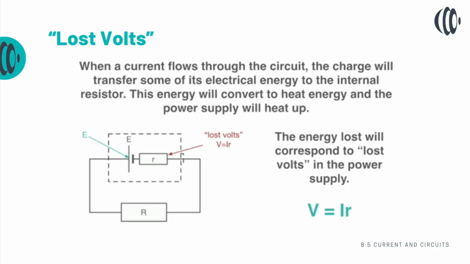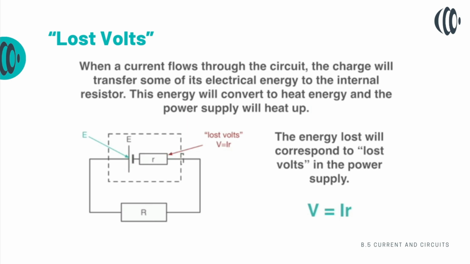So when a current flows through the circuit, the charge will transfer some of its electrical energy to the internal resistor. When a current goes through this internal resistor, it's going to take some of the potential difference. And this voltage that's taken is not going to be able to be used up here. So that's lost volts. You can't use that.